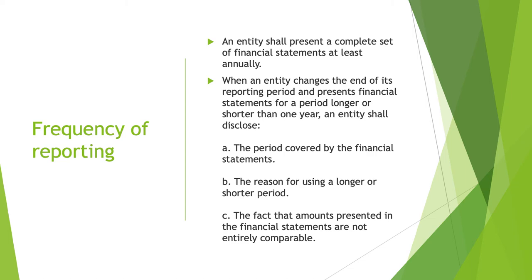When an entity changes the end of its reporting period and presents financial statements for a period longer or shorter than 1 year, an entity shall disclose one, the period covered by the financial statements, two, the reason for using a longer or shorter period, and three, the fact that the amounts presented in financial statements are not entirely comparable because they have deviated in the period. Okay?